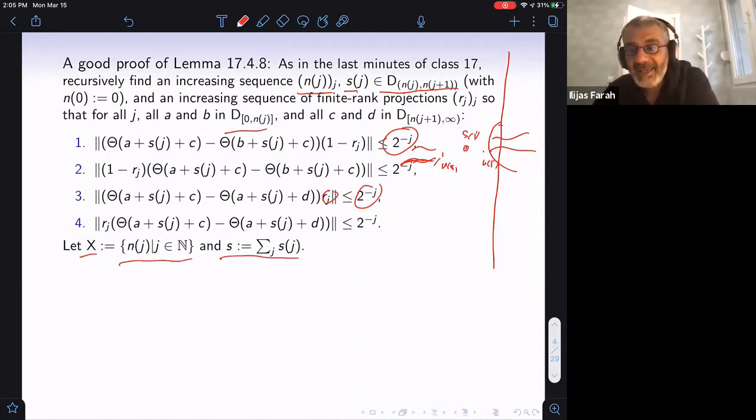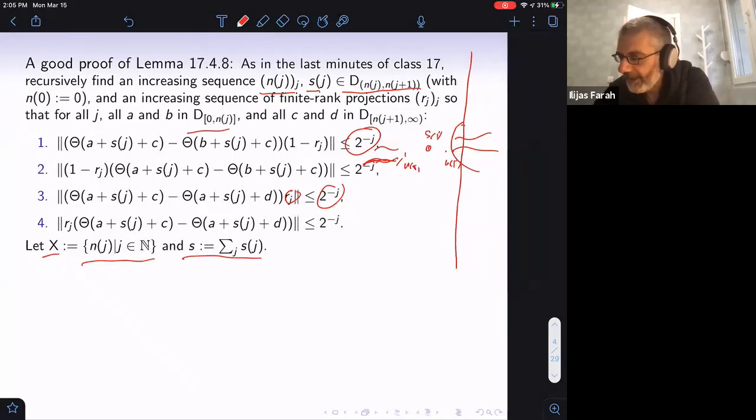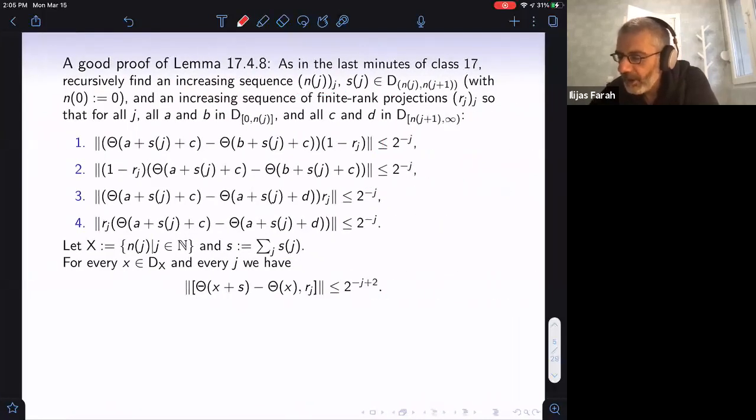Now, the key observation, which I just failed to notice, is that if you fix any x, a little x in this D_X, and if you take any j, then the commutator between this difference, theta of x plus s minus theta of x, and r_j is at most 2^{-j+2}.